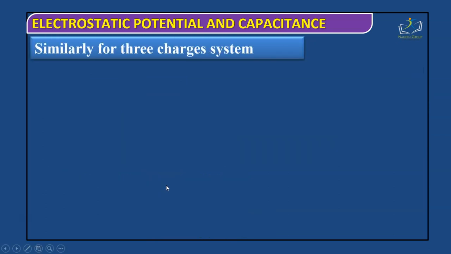Similarly, for a system of three charges, the potential energy U is equal to U12 for charges Q1 and Q2, plus U23, plus U31. That means 1 by 4 pi epsilon naught, which is the same for all these charges, times Q1 Q2 divided by R12, plus Q2 Q3 divided by R23, plus Q3 Q1 divided by R31.